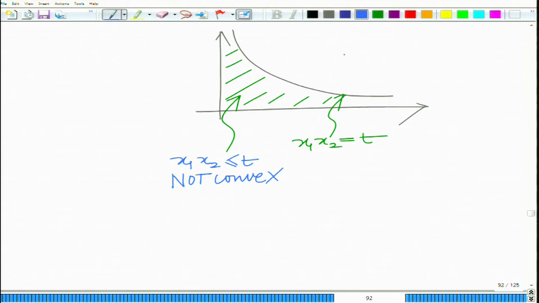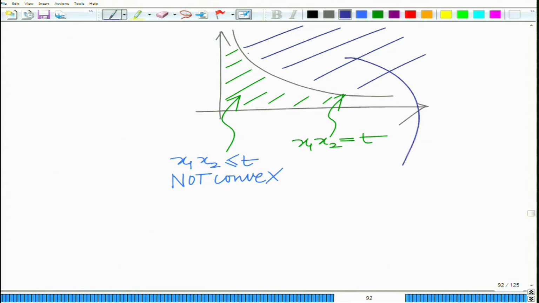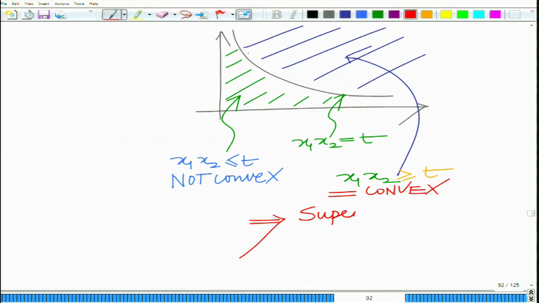On the other hand, if you look at the super level set, that is x1 x2 greater than or equal to t, this is a convex set, because if you take any 2 points and join them by a line, it lies in this set. Thus, the super level sets are convex, not the sub level sets.